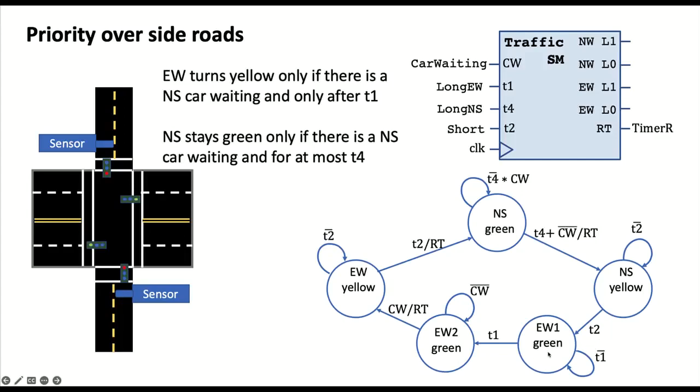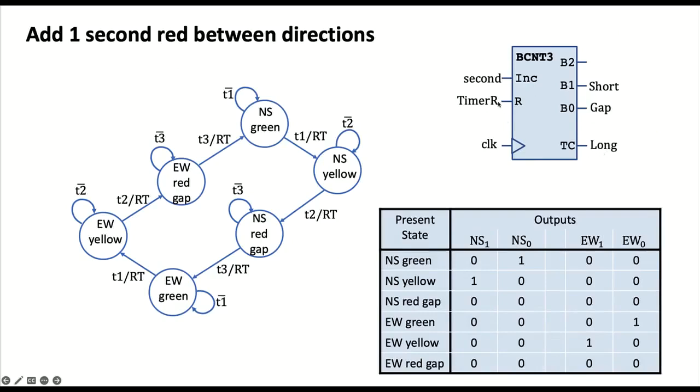Okay. But this is an excellent question. So let's look at this. So this is our timer, right? We just reset it. So do you think this is going to stay on? After a while. So let's say there's no cars waiting, and T1 goes off. That timer is going to keep counting, right? And T1's going to go low again.